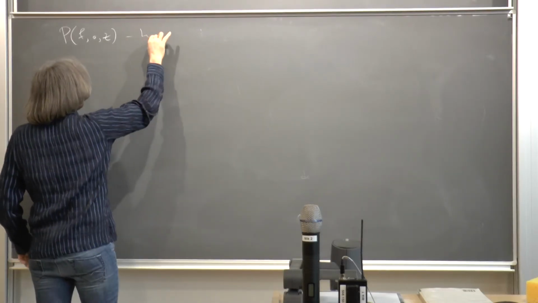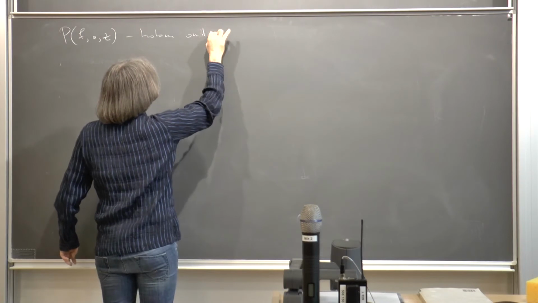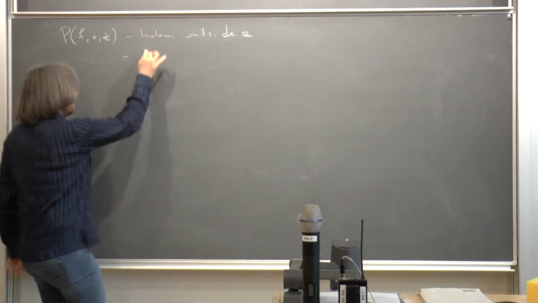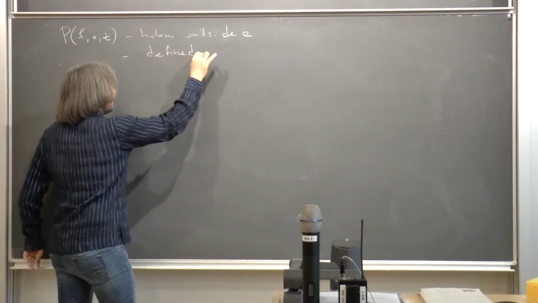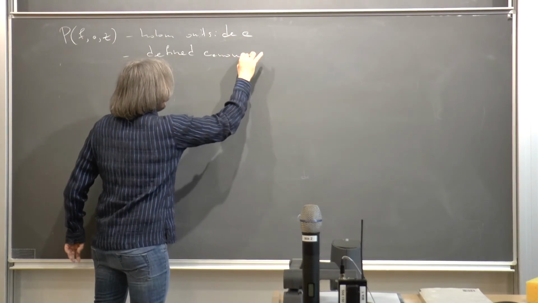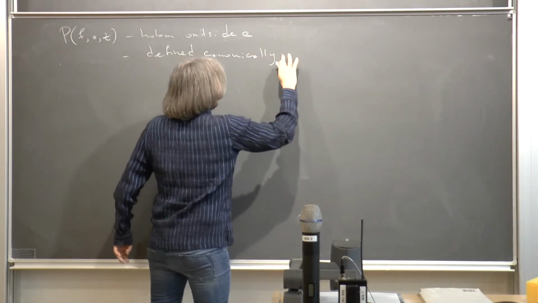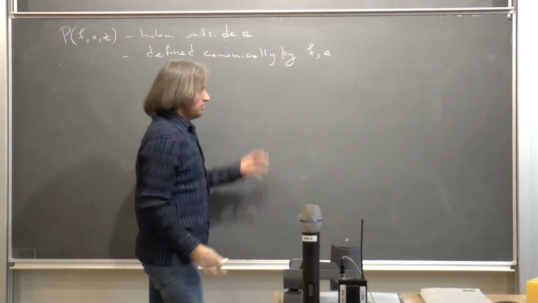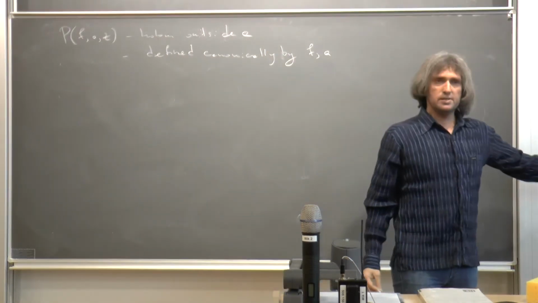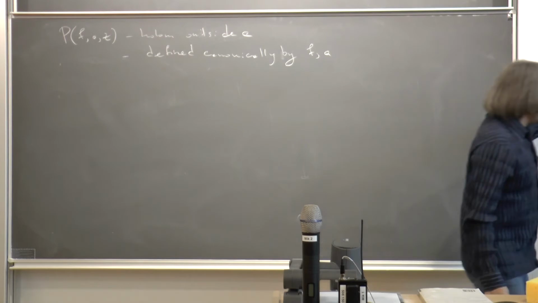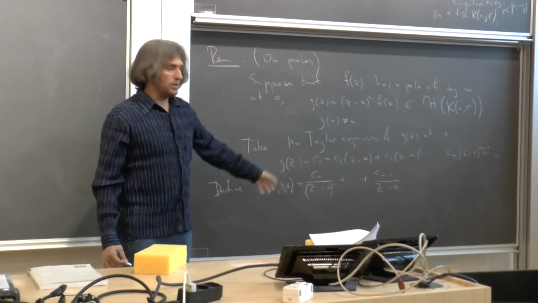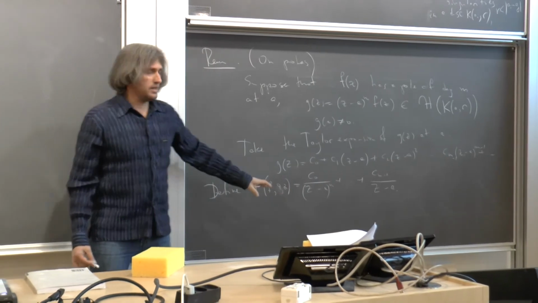It's holomorphic outside A. It is defined canonically by f and A, because we started from f and we obtained this expression, so g was defined canonically, and the Taylor expansion was also defined canonically, so the polar part is given by f and the point.